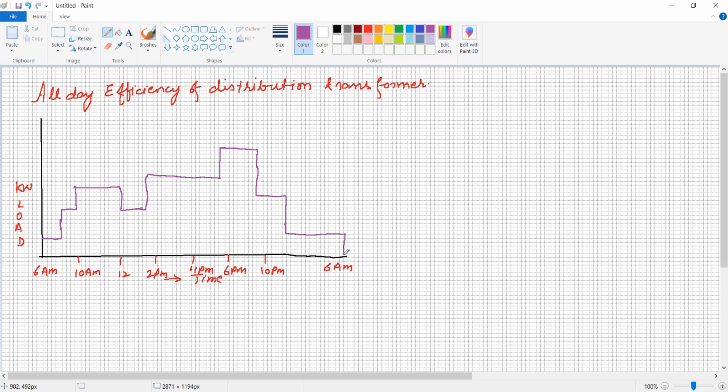No doubt it is never a step curve, it is a regular curve, but for our understanding purposes it is shown as a step load curve, while the load is actually increasing continuously. So load is this one.